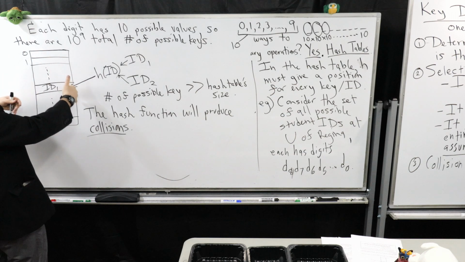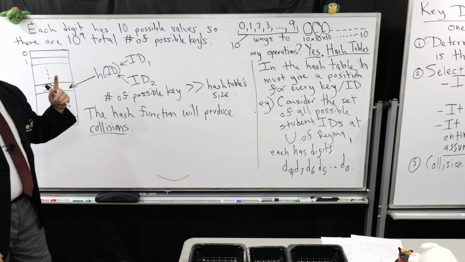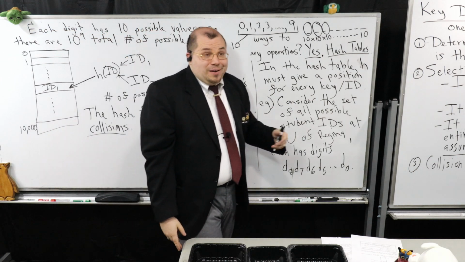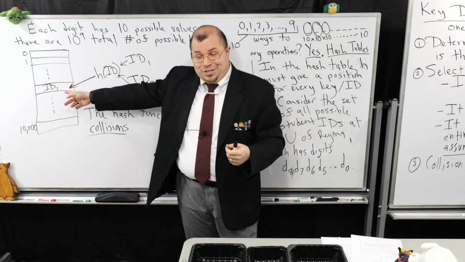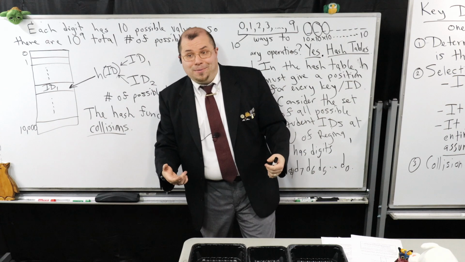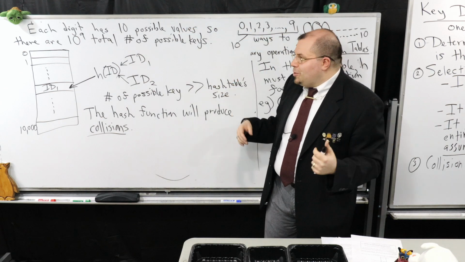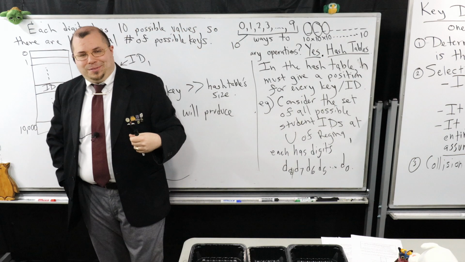I want them spread out as evenly as possible, so that if I have several keys coming in to my hash function, they don't all hash to the same location. Because when collisions happen, I have to fix the table somehow, and that will end up being a bottleneck in our process when it comes to the algorithms.